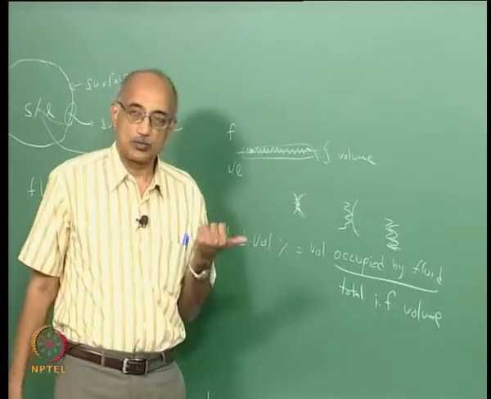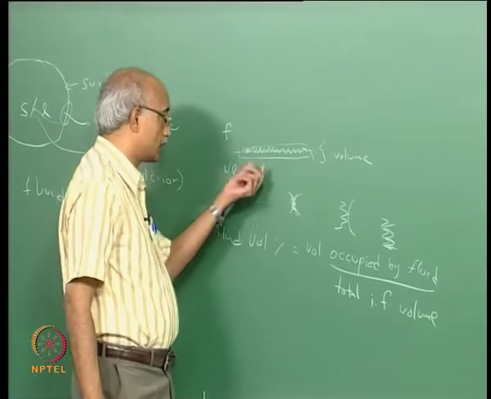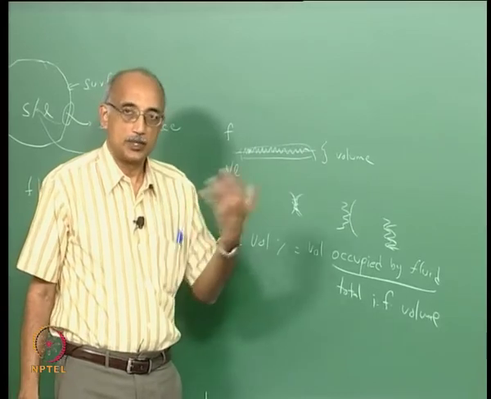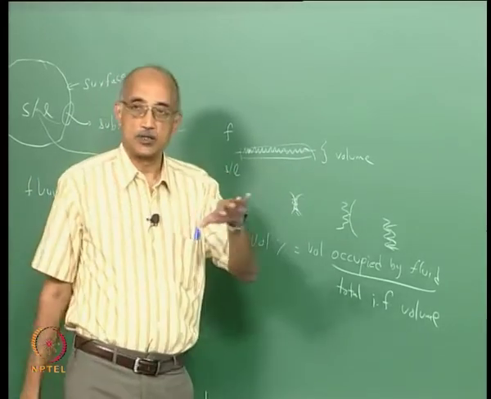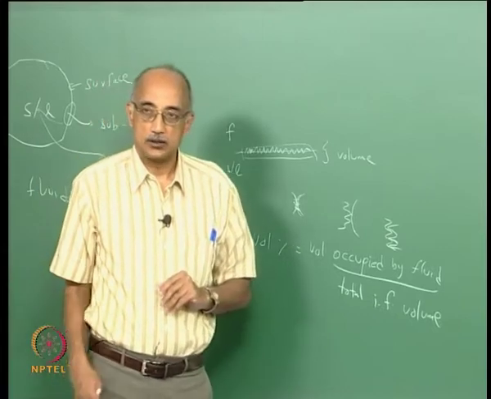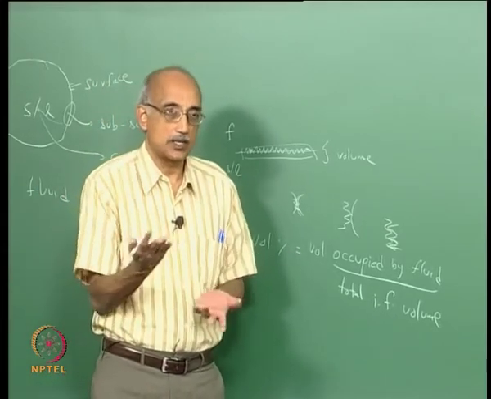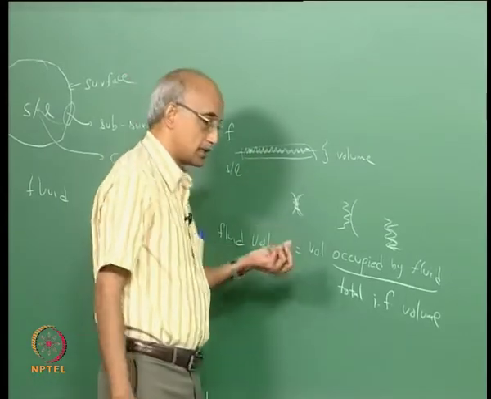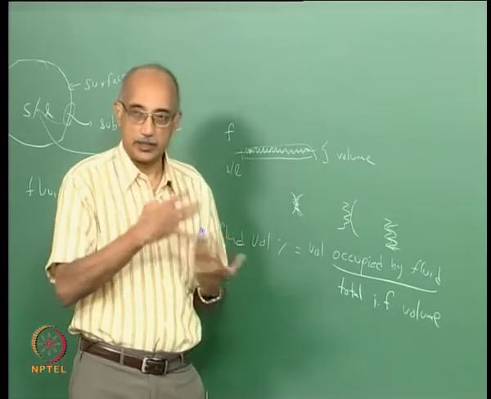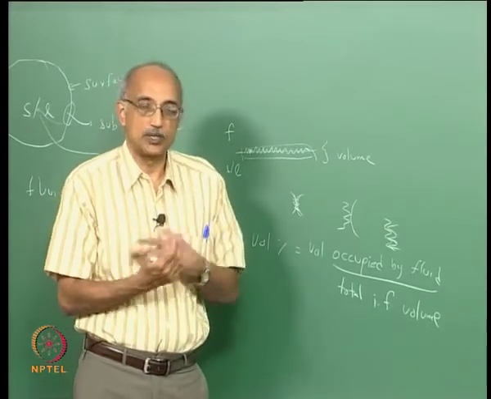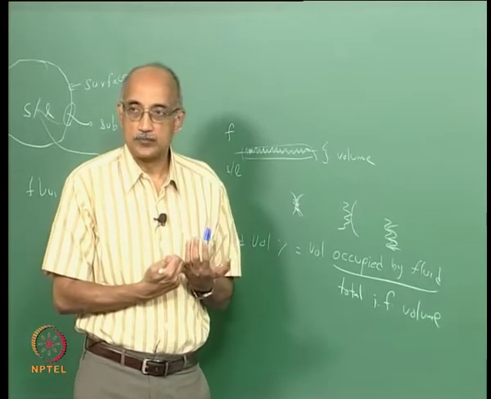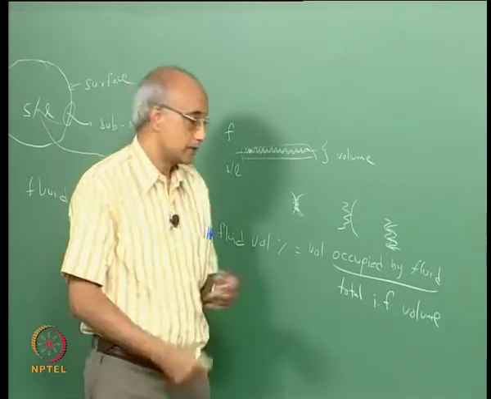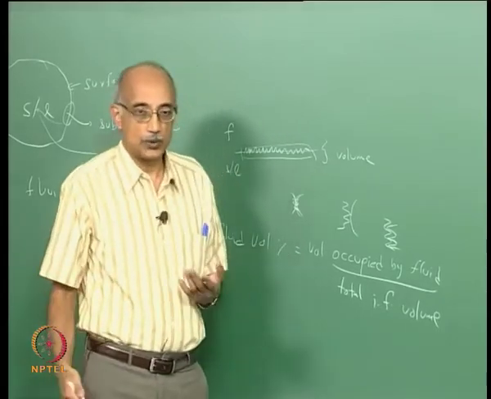The higher this volume percentage, the more the properties of the surface are going to reflect the properties of the fluid. In the extreme case, if the entire surface is inundated with the fluid, then the particle surface will essentially behave just like the fluid, right? Or in the other extreme case, if the particle is such that it repels the fluid that it's suspended in, so that the fluid is not able to wet the particle, the particle is not able to absorb the fluid, then this volume percentage is going to approach 0.